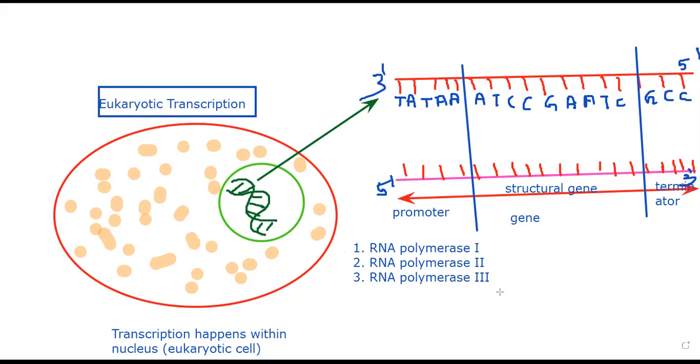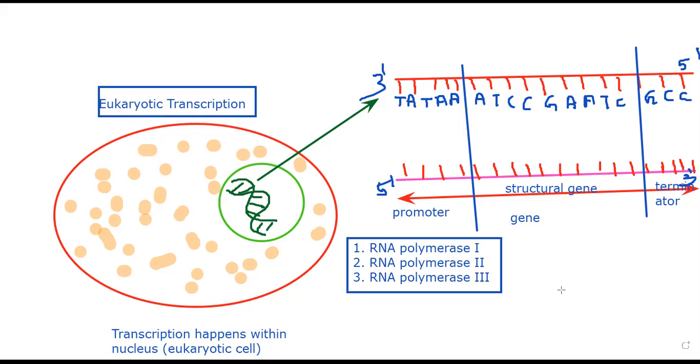Basically, 3 types of enzymes are available. Why are 3 types of enzymes available? Because we are eukaryotic organisms, right? So we are somehow more developed with respect to bacteria. So why would I do all the things with one enzyme only if I can get 3 different enzymes to do 3 separate RNA making, right?